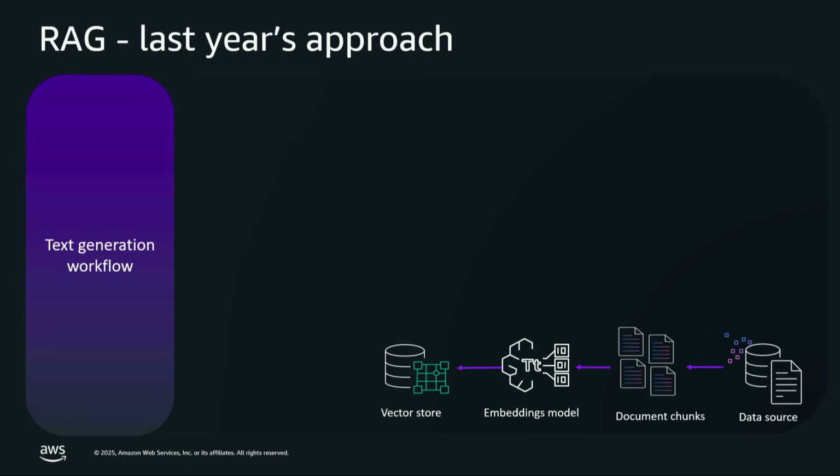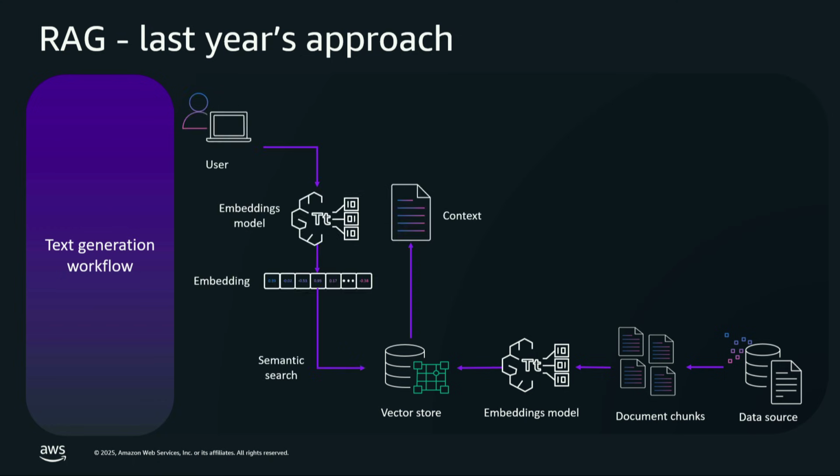It would be crazy to store all of that as raw data, and LLMs understand a different language: embeddings, matrices. So the first thing you do is take that data source, chunk it up, put it into embeddings, and put it into a vector store. That was the first thing we did last year.